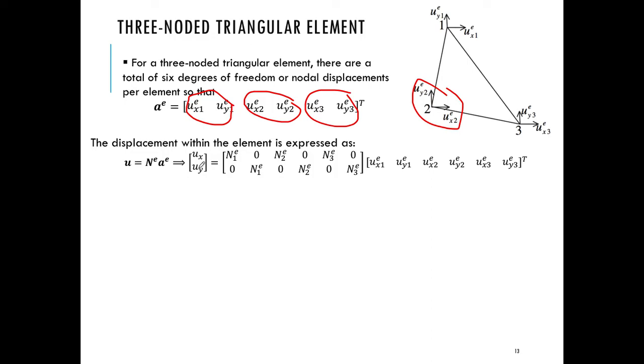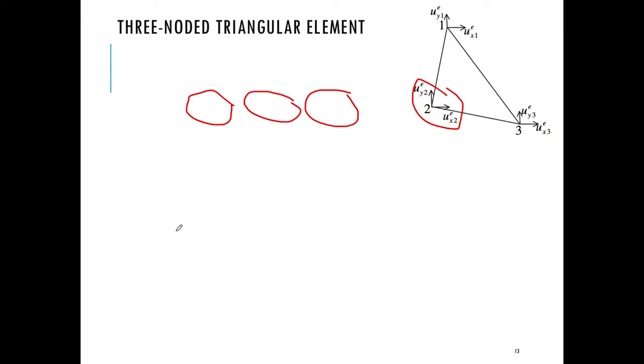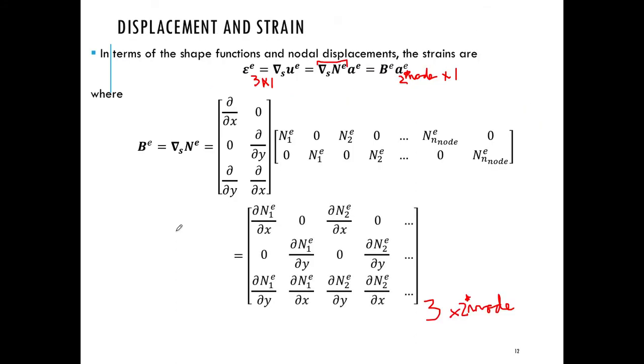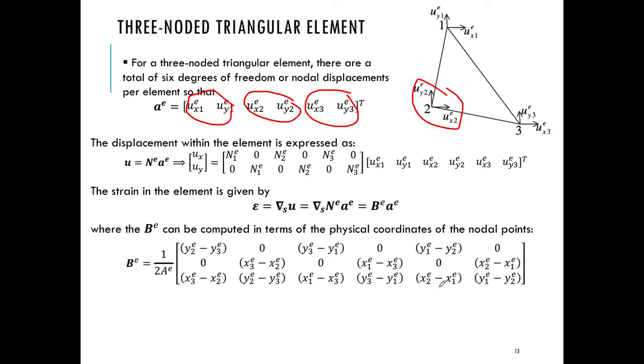What about the B matrix? The strain in the element is given by B multiplied by A. Here the B matrix would be 3 times, how many nodes? 3 nodes, 3 multiplied by 2, so a 3 by 6 B matrix, that's what it should be.